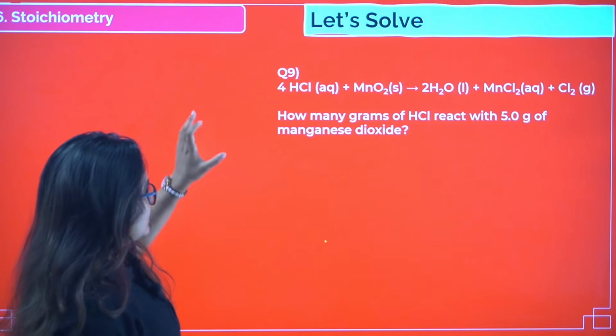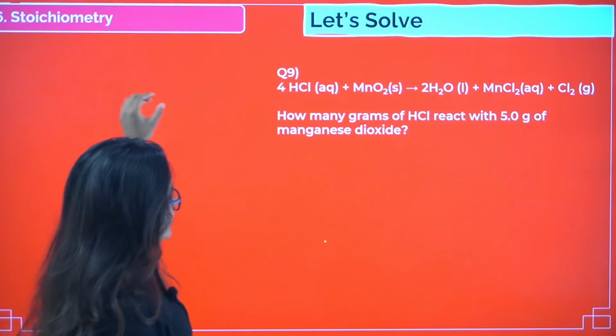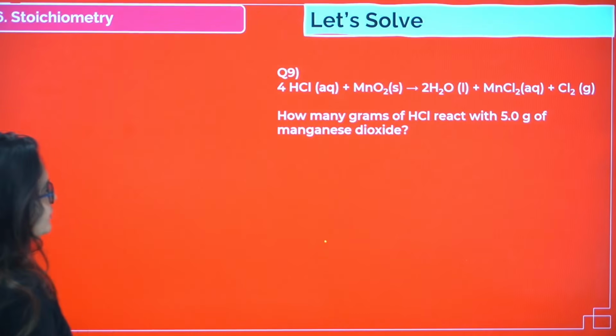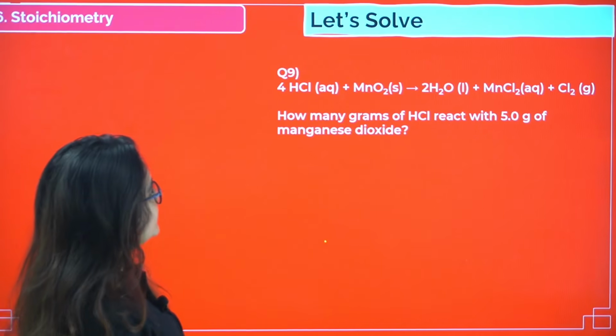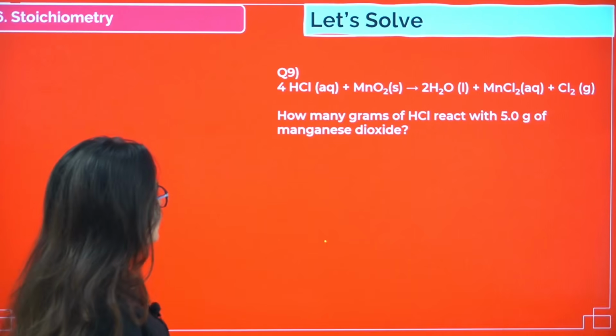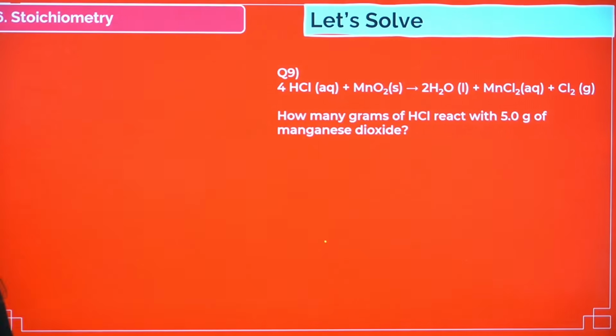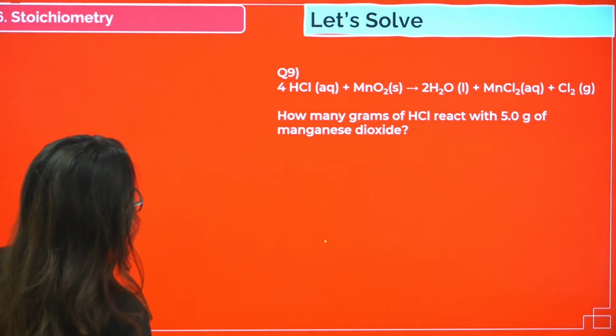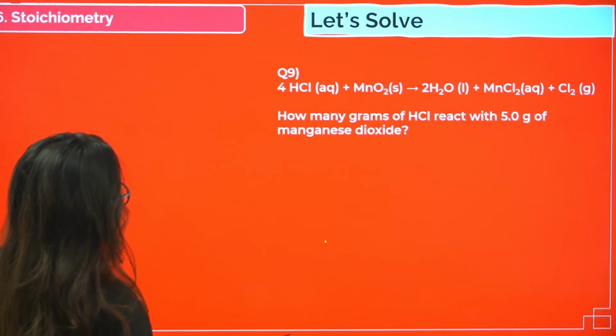Here you can see one problem. The equation is already balanced. How many grams of HCl react with 5 gram of manganese dioxide? From the equation, let me first find the molecular weight of manganese dioxide, because this is unknown.